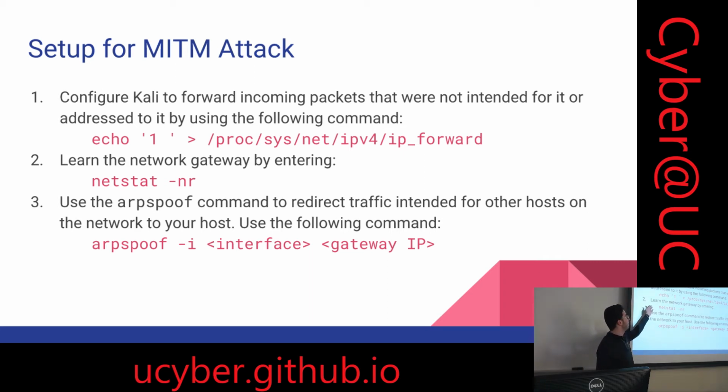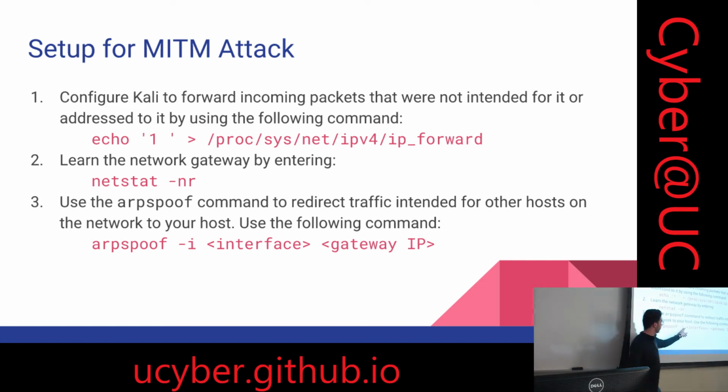Once you have that, we're going to go ahead and learn our network gateway. There's a multitude of ways of doing this, but netstat -rn will list out your network gateway very clearly at the top, and I'll get on my laptop here and show this in a second. And then we need to start ARP spoofing to tell your host, because we're only going to be man-in-the-middling ourselves today, that we are also the gateway.